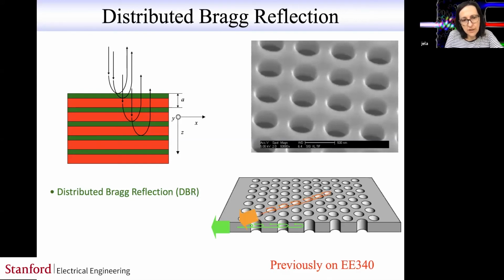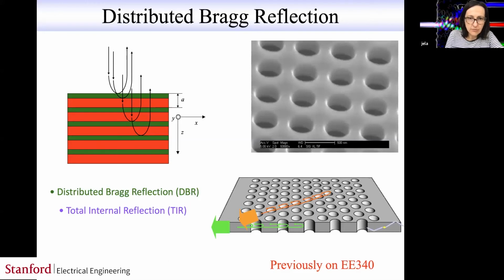So that's a cartoon-like image where you design the structure in such a way that all the reflections of the wave add up in phase, right? And in the two-dimensional case, you can do that in basically any direction of propagation inside of the structure. And in the three-dimensional case, you can do that even in any direction in 3 dimensions.